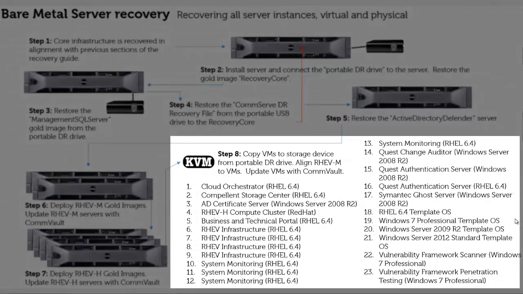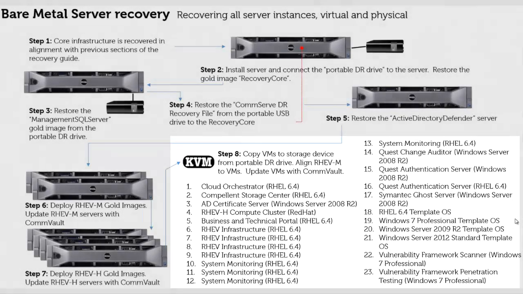Now we move on to step 8, where we're going to copy the virtual machines from the portable DR drive to the storage device that we have set up within the environment. So it's important we have all of these core images on this portable DR drive. Remember, this is in the event that we lose both sites and we need to restore this configuration. We copy all of these VMs into the storage environment.